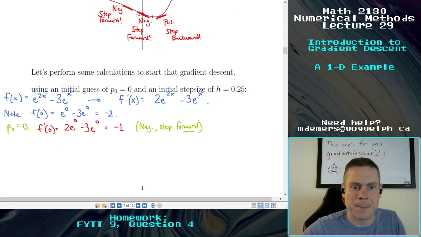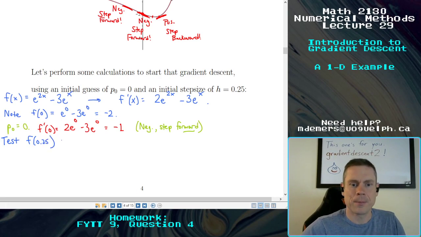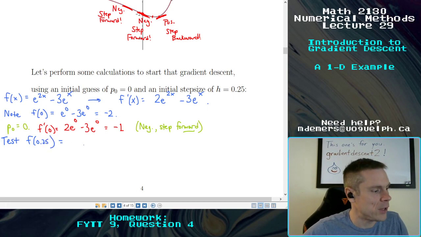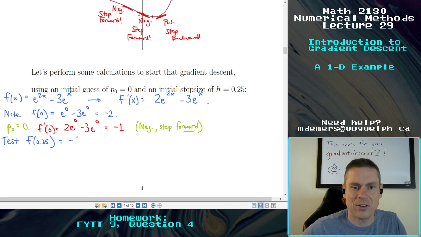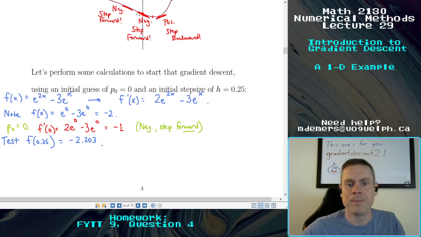So let's do that. We step forward and we want to test f at 0.25. If you work this out, you end up with minus 2.203 or so if you put that in the function.